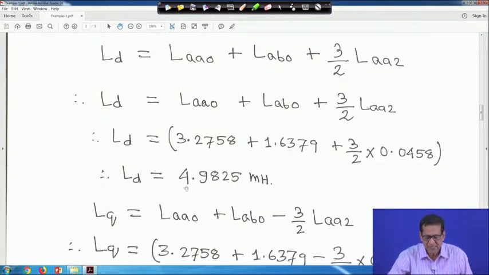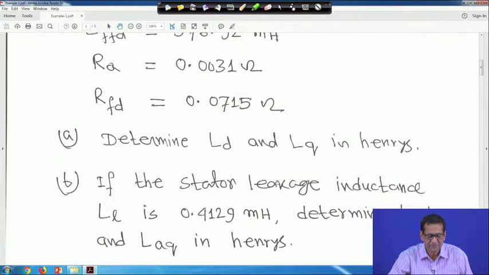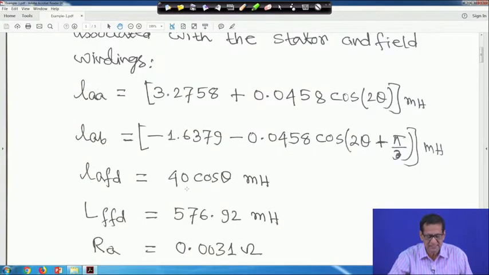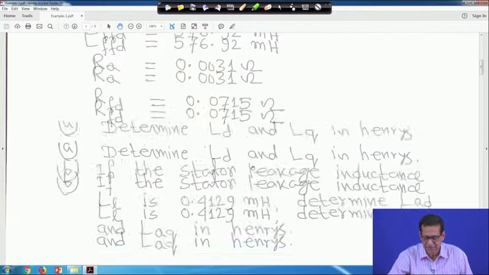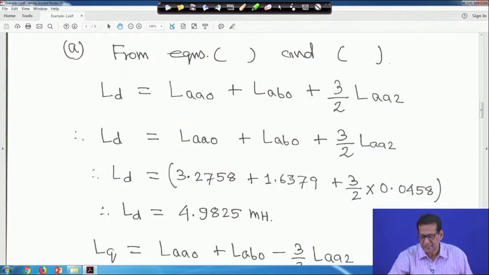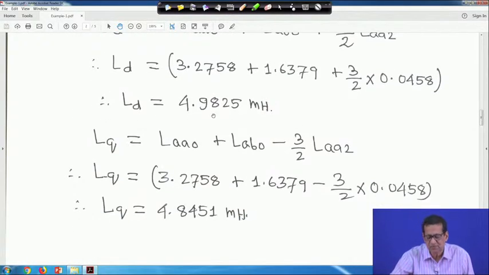If you do so, you will get LD is equal to 4.9825 millihenry. All these parameters are given, so you can directly substitute from this equation.